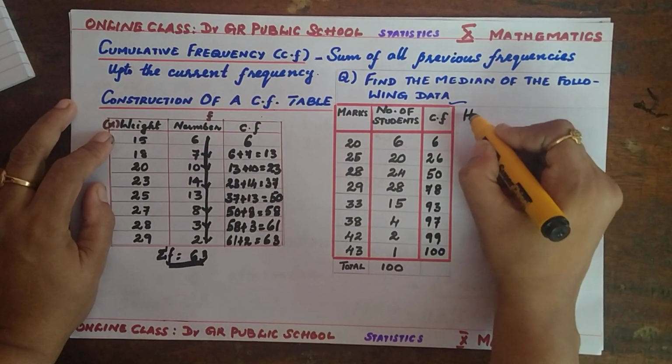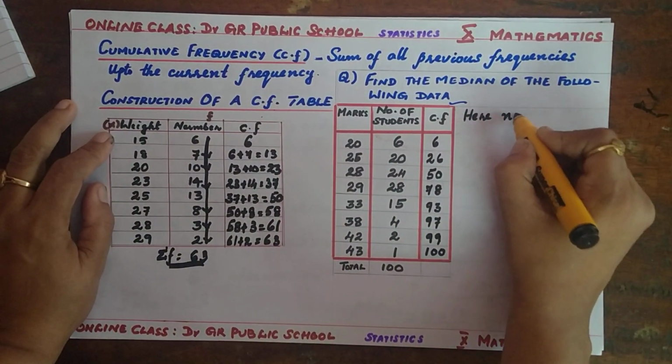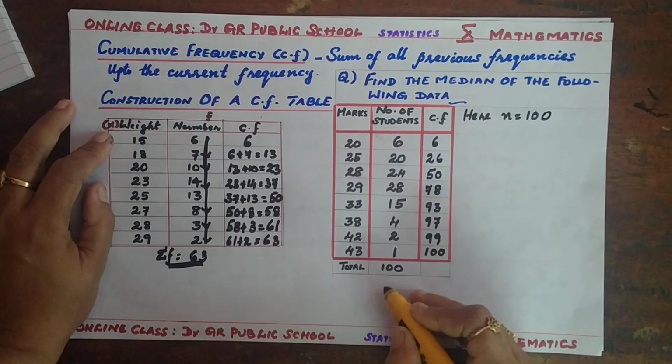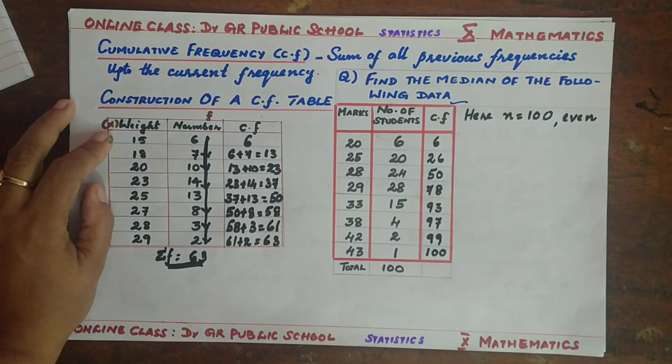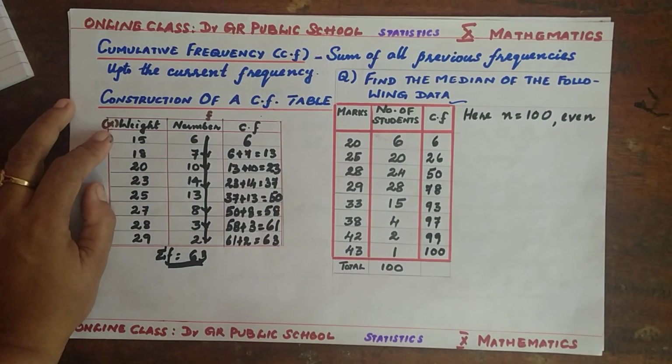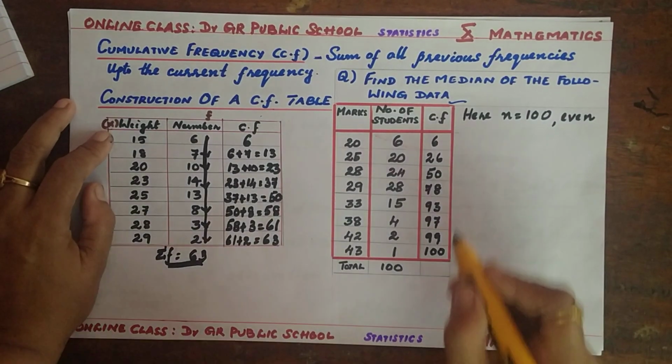Again here, n equals the number of observations, n equals 100, which is an even number. If it is an even number, what is the formula to find the median of an ungrouped data?